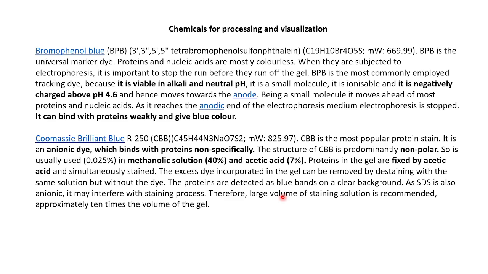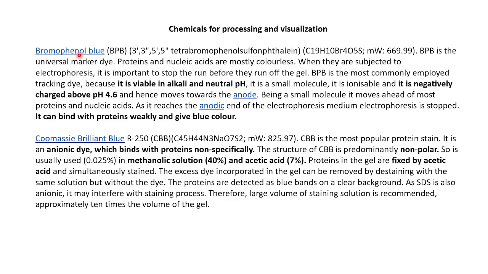Now after this you need to run a gel, you need to stain the samples, and you need to stain the gel for observing the proteins present in the gel after you've run it. So for that you have two stains over here, the bromophenol blue. It's used as a universal marker dye for staining your samples.